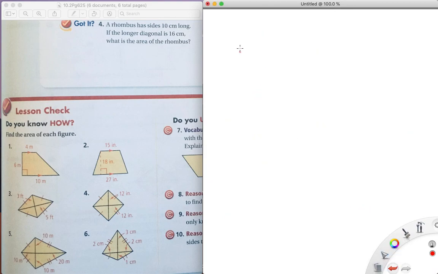They give us another rhombus. Oh lordy. In this case, they say that this is 12. So if this is 12, then this is also 12.